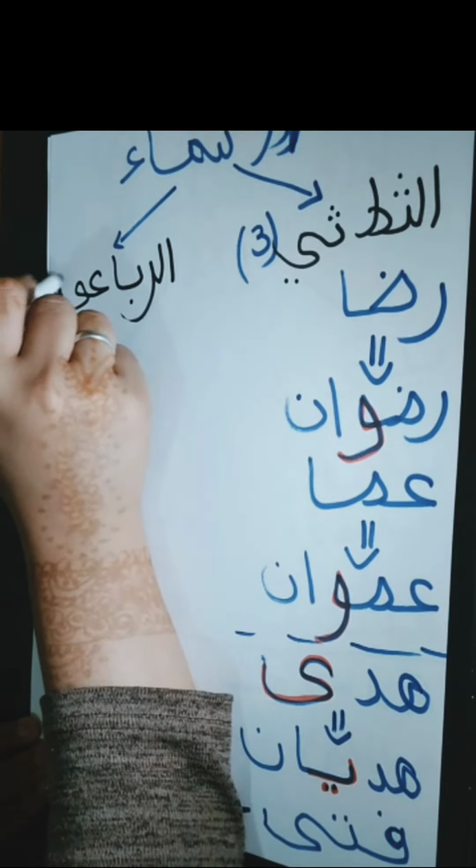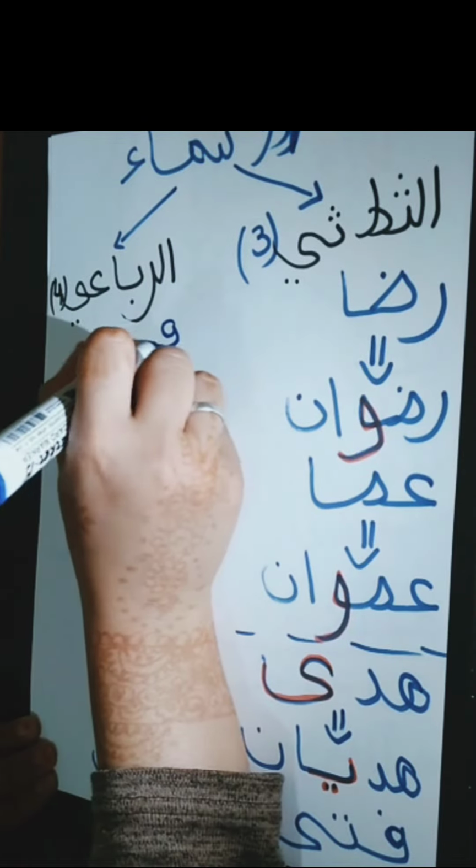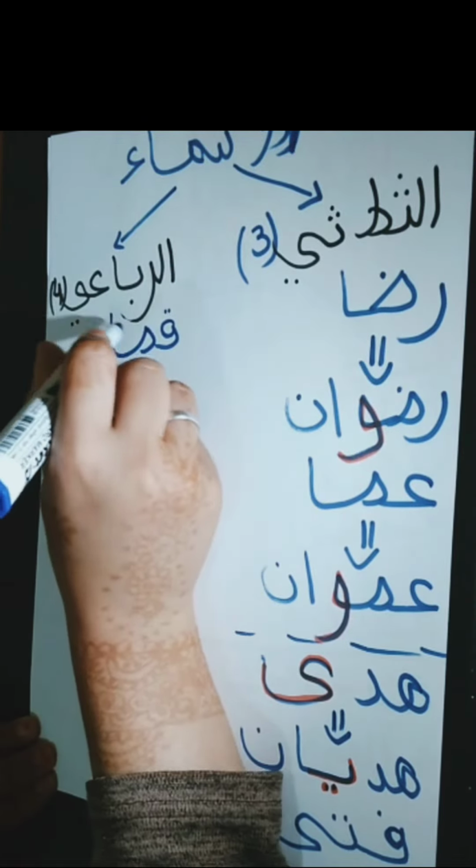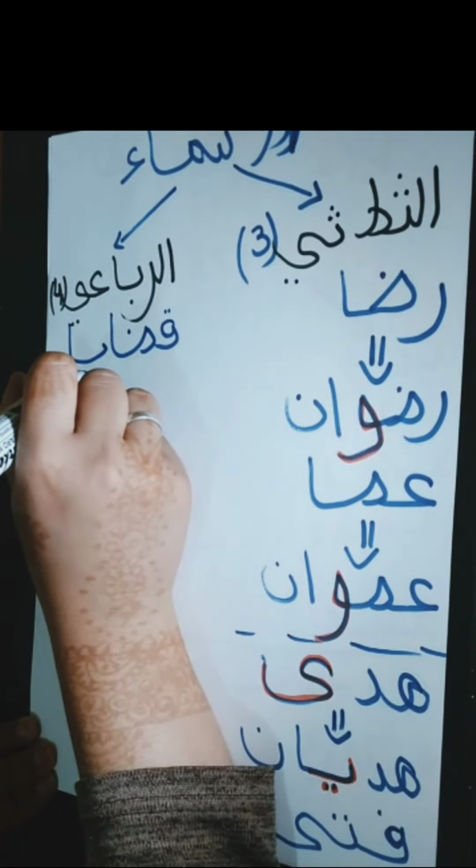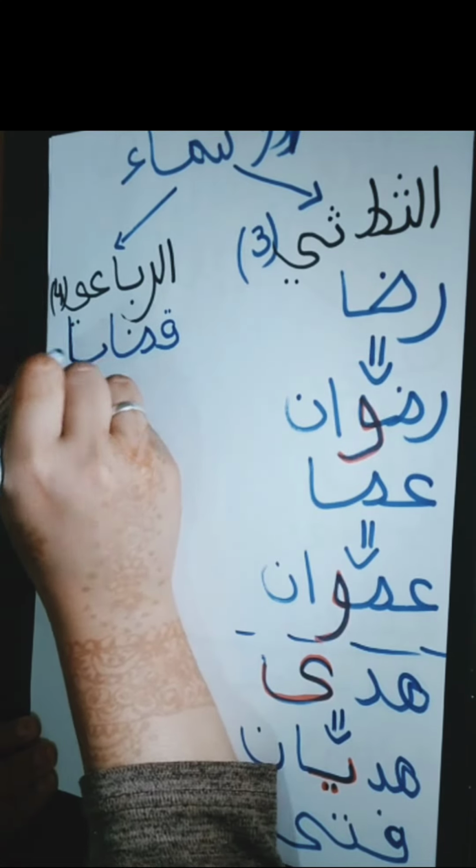I will give you an example, the word قضايا. We can see that these words have ليا before الألف الممدودة.